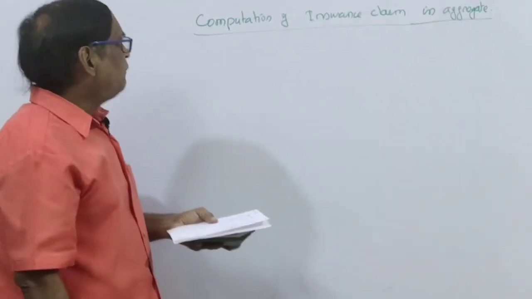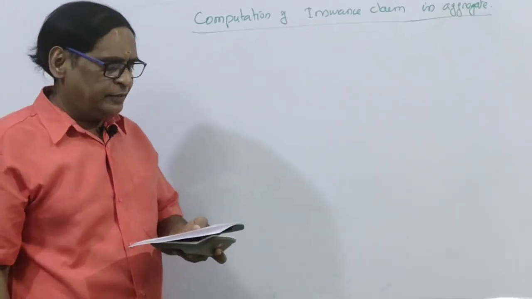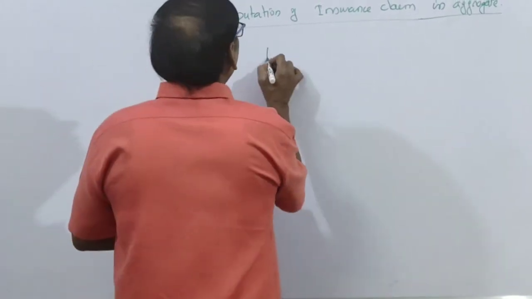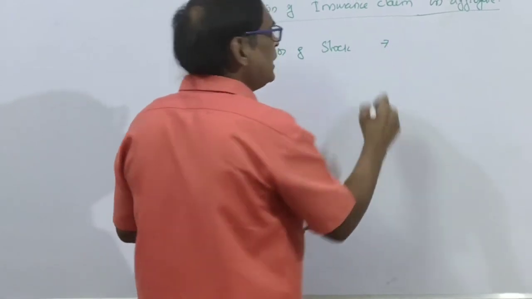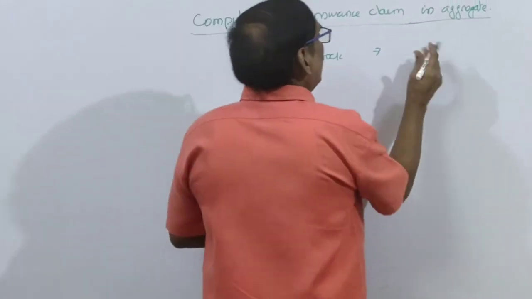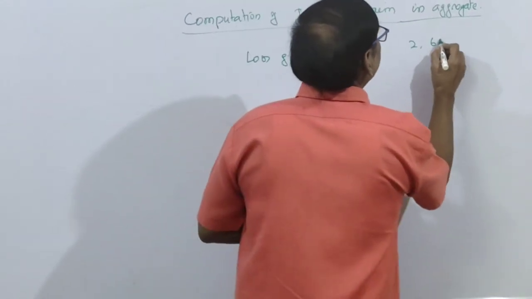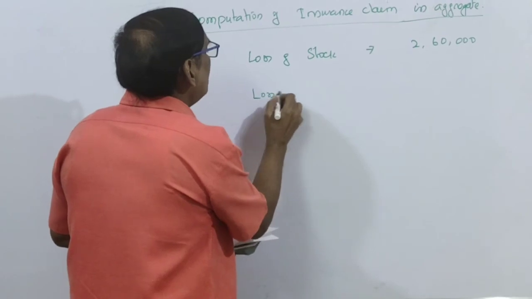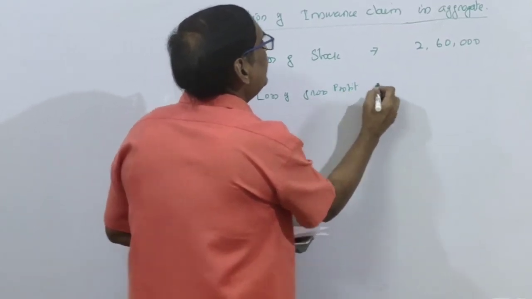Now we reach the final stage of computation of total insurance claim in aggregate. First, we have already calculated the loss of stock claim. Loss of stock claim we calculated by preparing the memorandum trading account and then applying the average clause: 2,60,000 rupees. And then loss of gross profit, we had already computed.